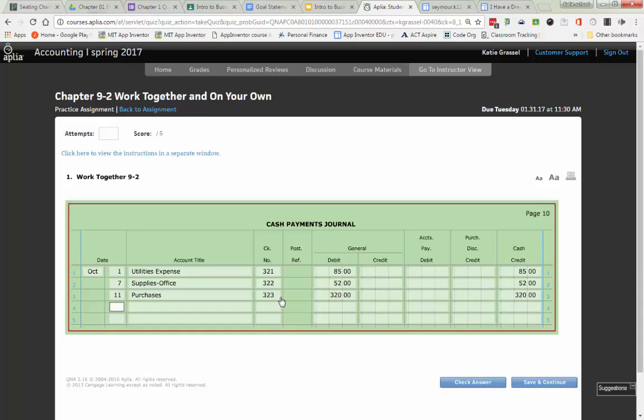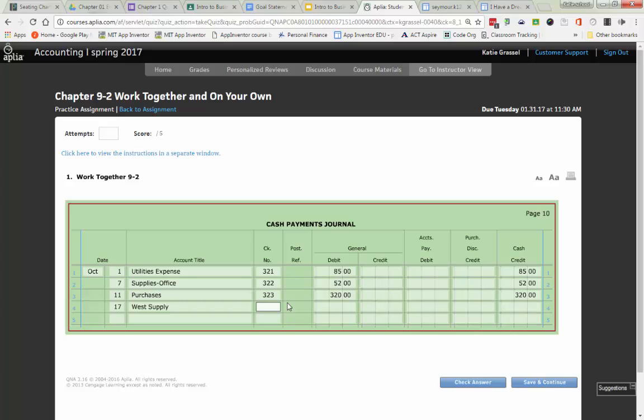So we got to do some math. And we're going to have something fun in this transaction called cents. You're actually going to have some cents in a transaction now. Otherwise, everything's all been whole numbers. So the date is the 17th. My account title is going to be West Supply, not accounts payable West Supply, just West Supply, because we are going to use that accounts payable column.